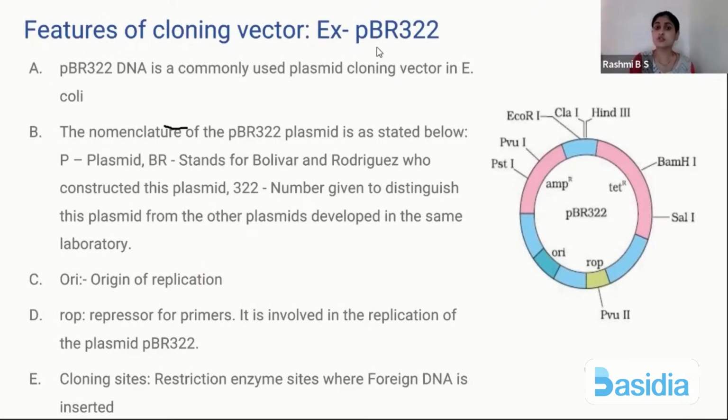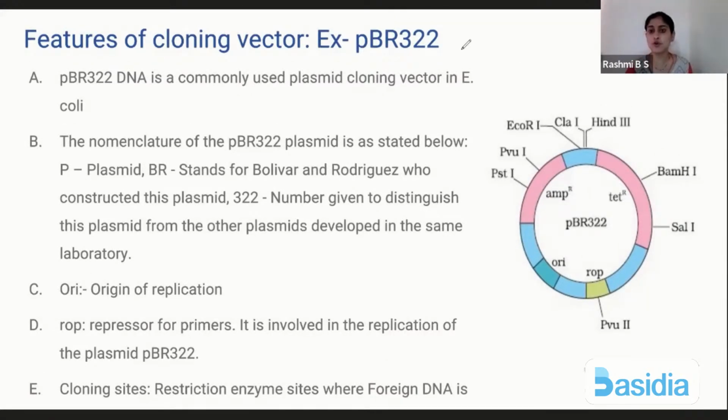In this slide, we are going to explore more on the features of vectors which are used for cloning. Here I am taking an example of a vector, that is plasmid.